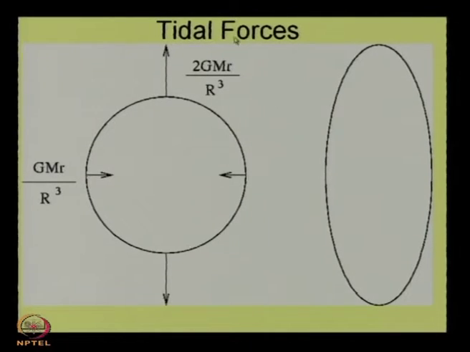These are called tidal forces, and if such a spherical object falls freely in the gravitational field of a massive object somewhere down below, these forces will try to deform this object into an ellipse like this. Okay, so this is the consequence of tidal forces.